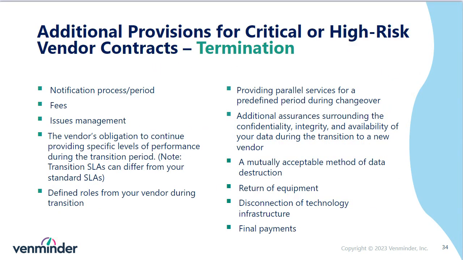And the last example of risk-based provisions might be for termination. Some of these examples are product and service-based, but you also want to be sure you have any nuanced termination procedures based on risk and specific to what's been identified through your due diligence effort. Return of equipment, or maybe a mutually acceptable method of data destruction, whether that's certified or otherwise. Think about disconnection of integrated technologies, and knowing what they have in place for controls versus what you're holding them accountable to through termination is going to vary.